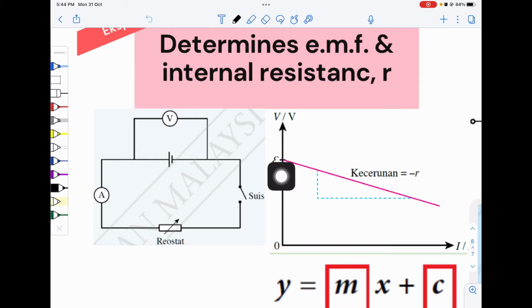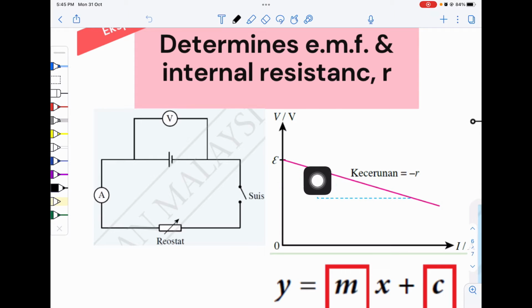That's the EMF. That value is when current is zero. Current zero, EMF or maximum voltage. In mathematics, that is the y-intercept.